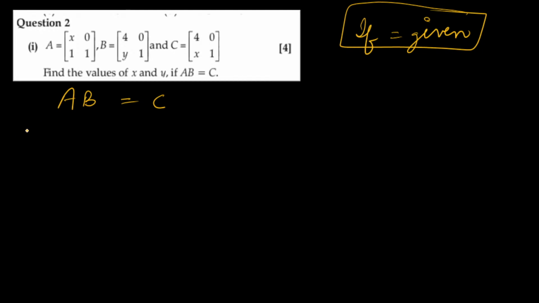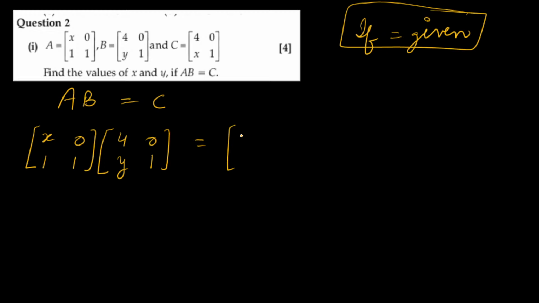Okay, so AB means A into B, so we have to do matrix multiplication. A is 4, x, 0, 1 and B is 1, 1, 4, 0, y, 1, and this is equal to C. The C matrix is 4x, 0, 1.